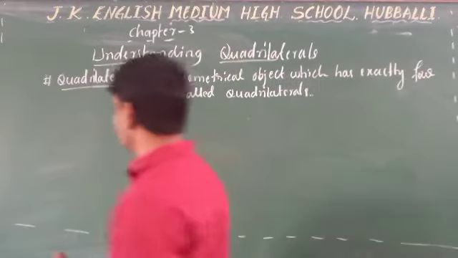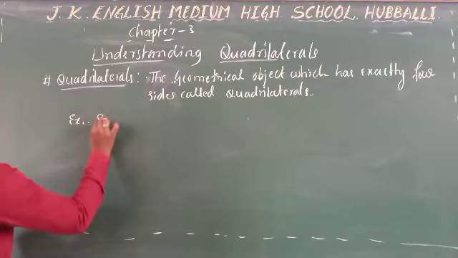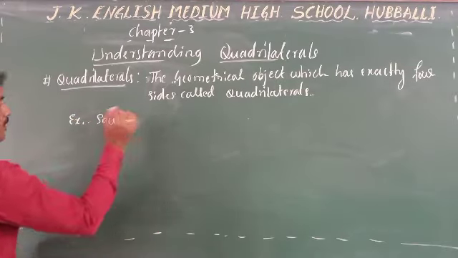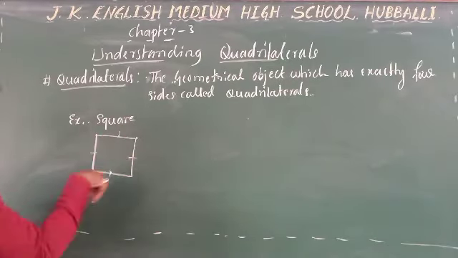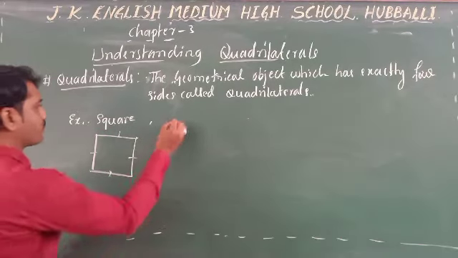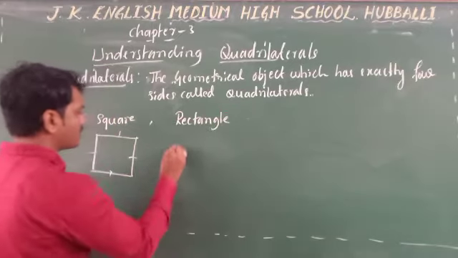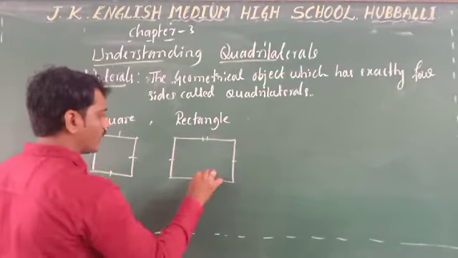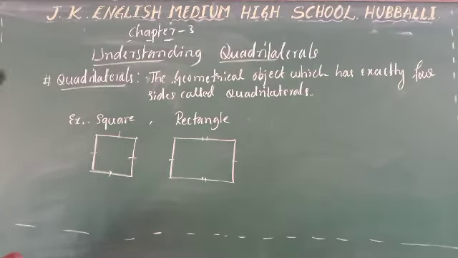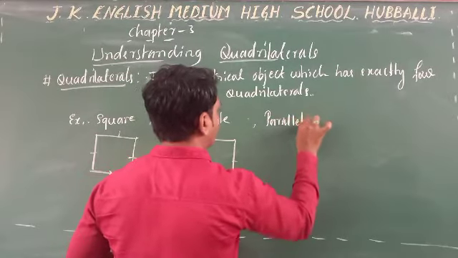For example, I'll tell you. Example: square. In square, how many sides are there? Four sides. 1, 2, 3, 4. Next one, rectangle. How many sides are there? 1, 2, 3 and 4. Correct? Next one, parallelogram.